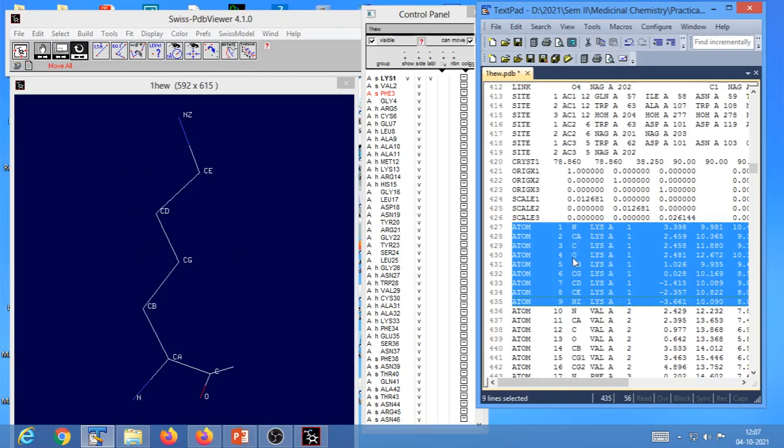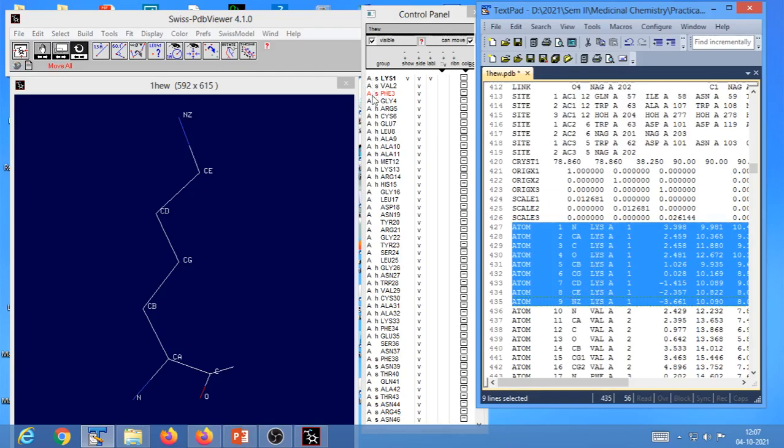After these atoms that are present in your first lysine group, the next column is for the 3-letter code for the amino acid. This is lysine, and the 3-letter code of lysine is LYS. The subsequent column will tell you in what chain this particular amino acid residue is present.